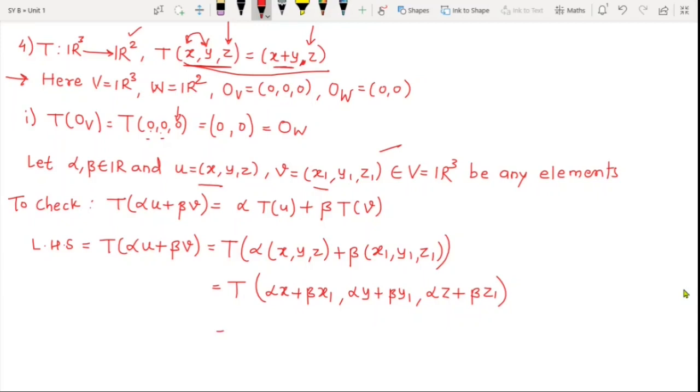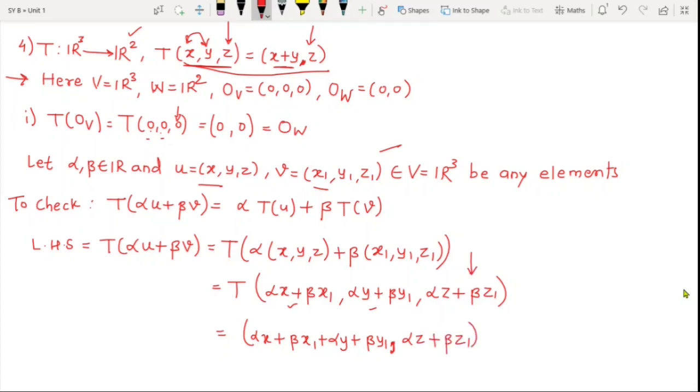Which is further equal to, now see, however T is defined, there are two coordinates. The first coordinate is the addition of the first two coordinates. So let us add them: alpha x plus beta x1 plus alpha y plus beta y1, and the second coordinate is the third coordinate from here, that is alpha z plus beta z1.